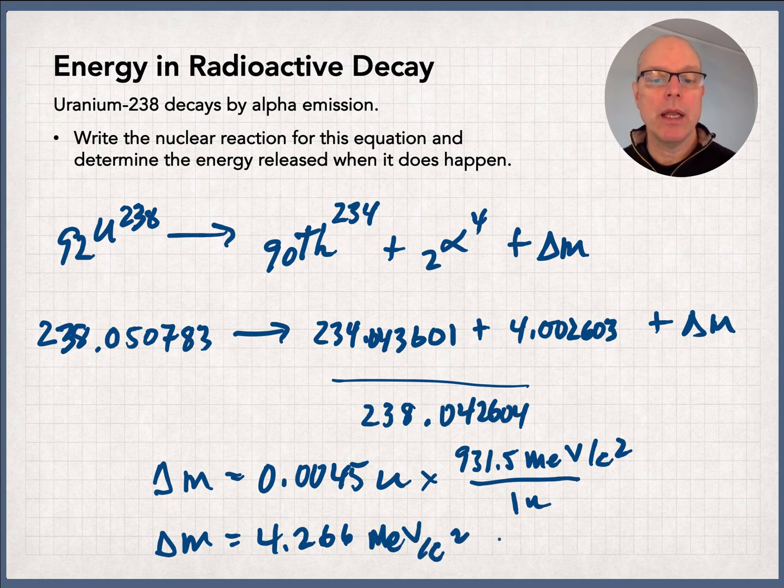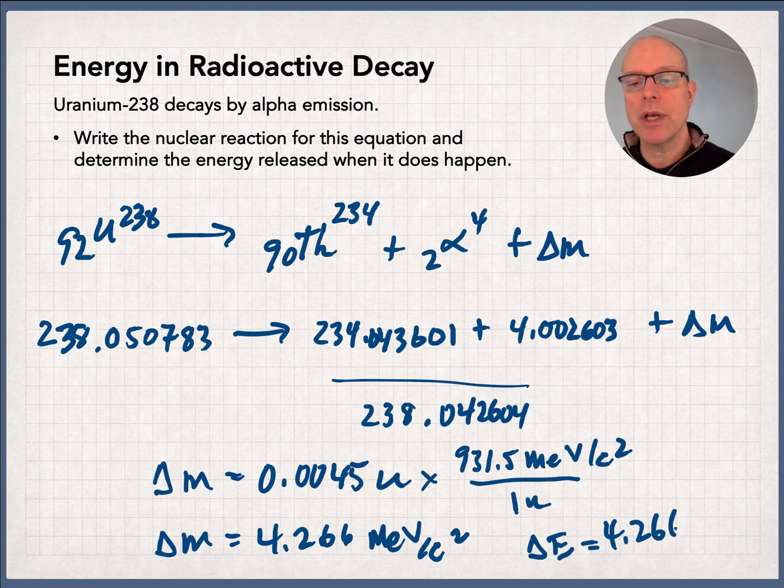Now I just plug that into E equals mc squared. To get the change in energy, or the energy that's liberated, I multiply this whole thing by c squared, and it's so beautiful because that's why we use this in the first place. The c squareds cancel, and the energy liberated is 4.266 MeV. That's how they're all going to work.